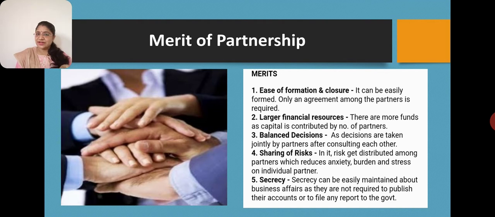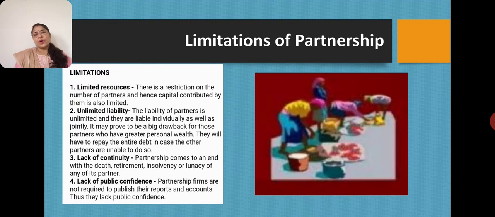So whatever their financial situation is, it is kept secret. No one comes to know, even the government, what the profit of this particular partnership is. So it is said that all the decisions, profit, loss, whatever, can be maintained in secrecy.